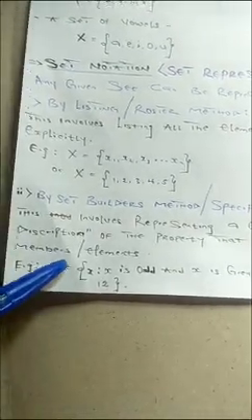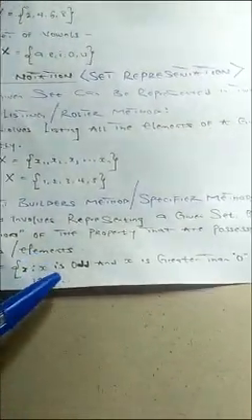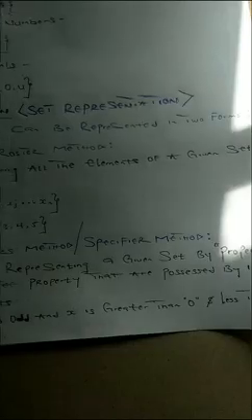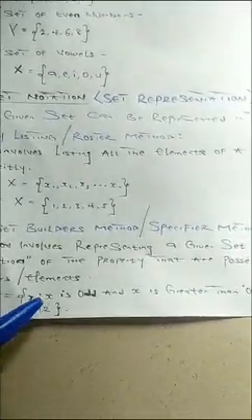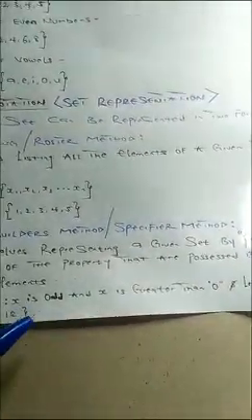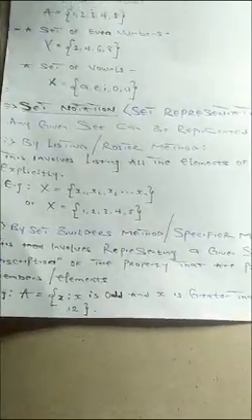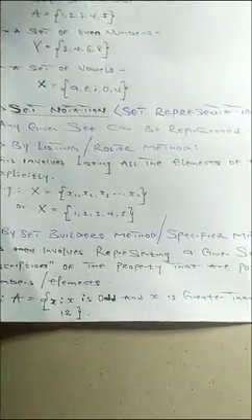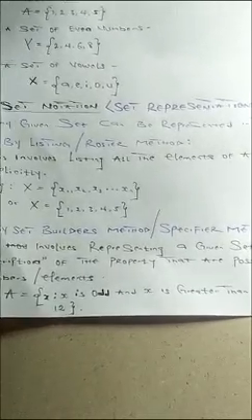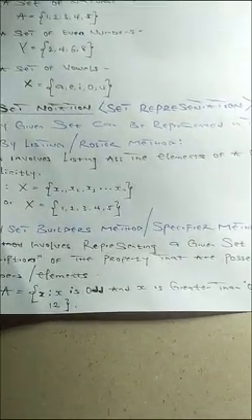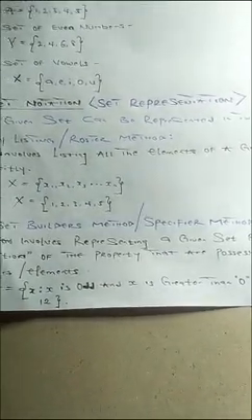And this example says that A is equal to x such that x is odd and x is greater than 0 and less than 12. Now, what does this mean? This simply means that the set A comprises all odd numbers, because x are what?